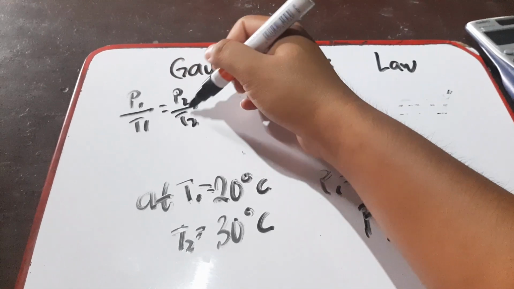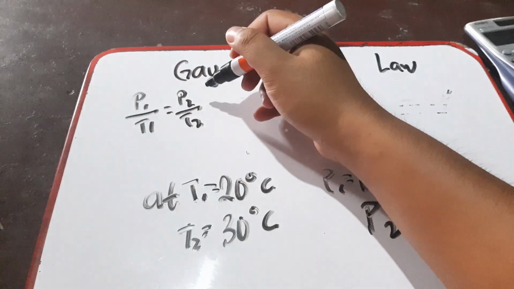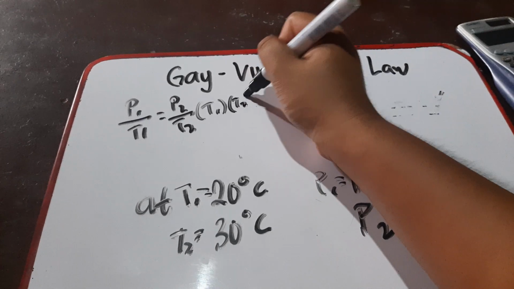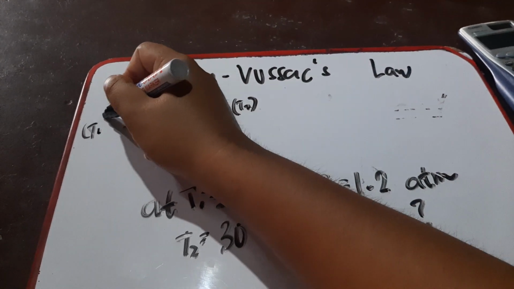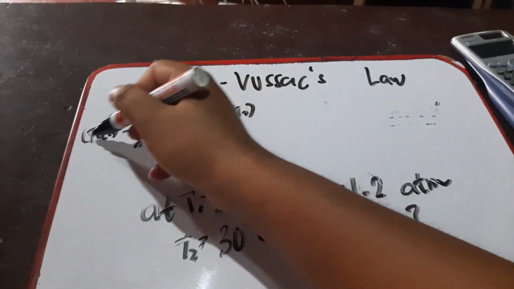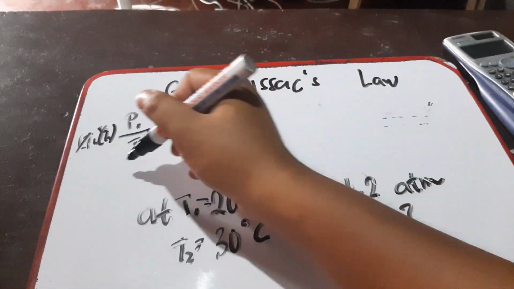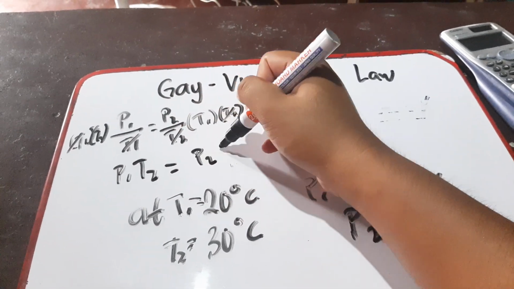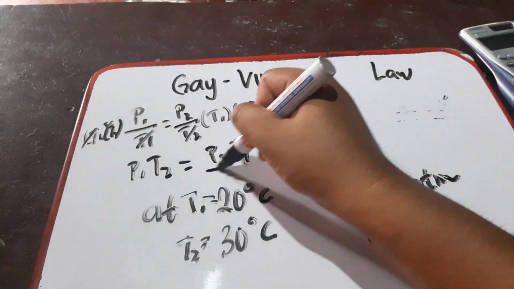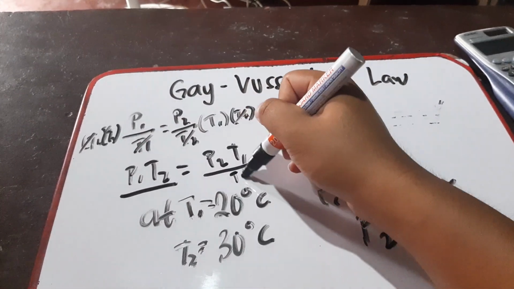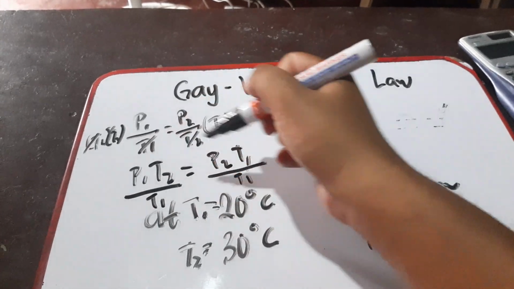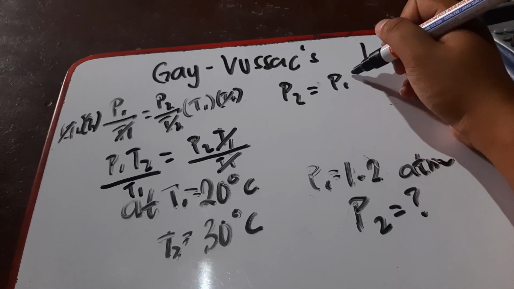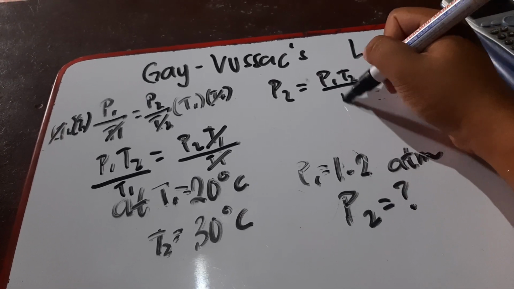I am looking for P2, so I need to multiply both sides by T1 T2, so that the denominator would cancel out. Cancel T1, cancel T2. That would give me P1 T2 is equals to P2 T1. And then I divide both sides by T1 so that I'll be left with P2. That would give me P2 is equals to P1 T2 over T1.